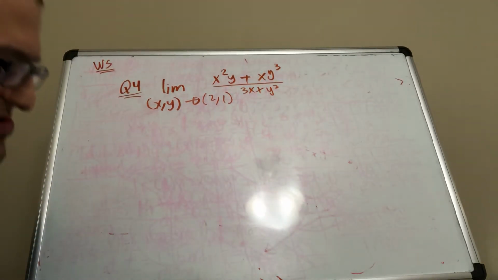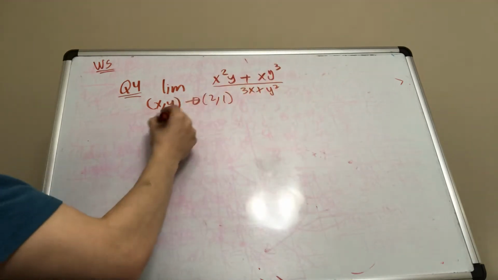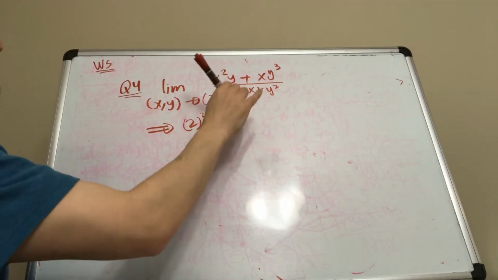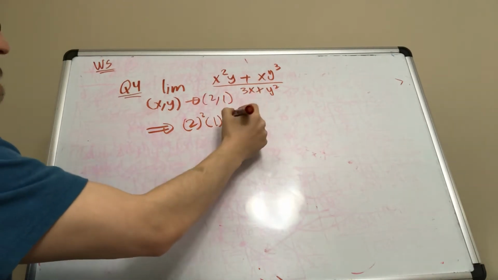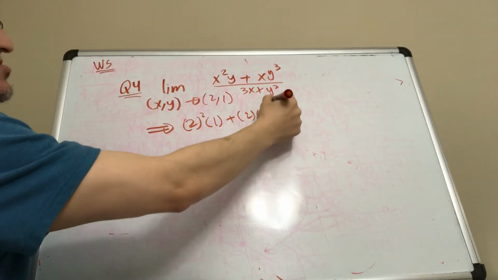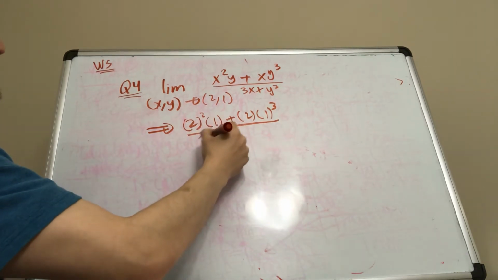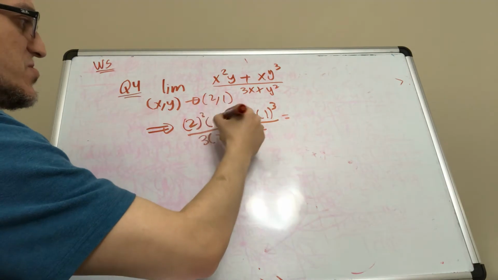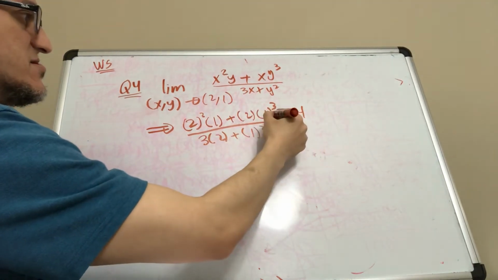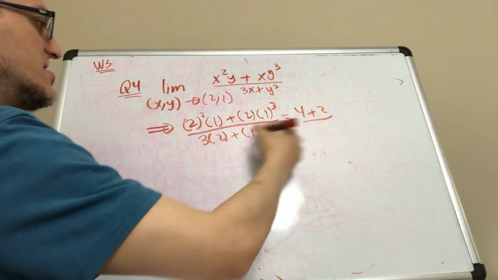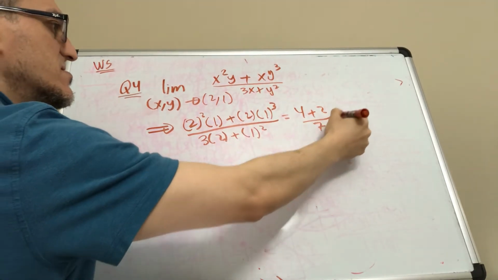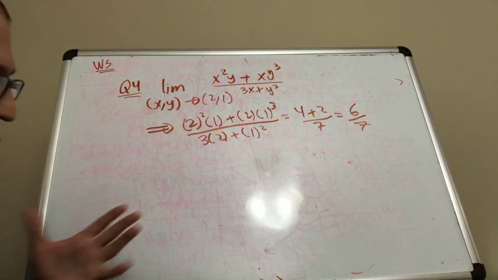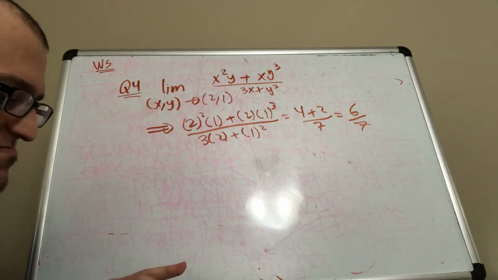As you know from before, for any limit question you start by plugging in. So it would be 2 squared times 1, x is 2, y is 1, and 2 times 1 cubed. You have 3 times 2 and 1 squared. This is 4 times 1. This is 1 times 2. This is 6 plus 1. So your answer is basically 6/7. You don't need to do anything special. You have a number, we're okay.